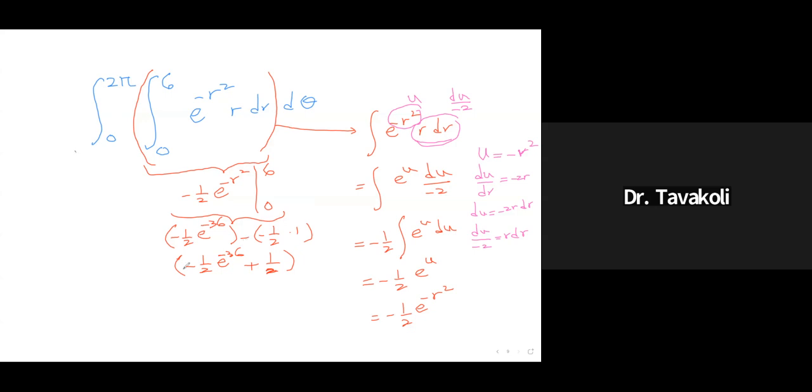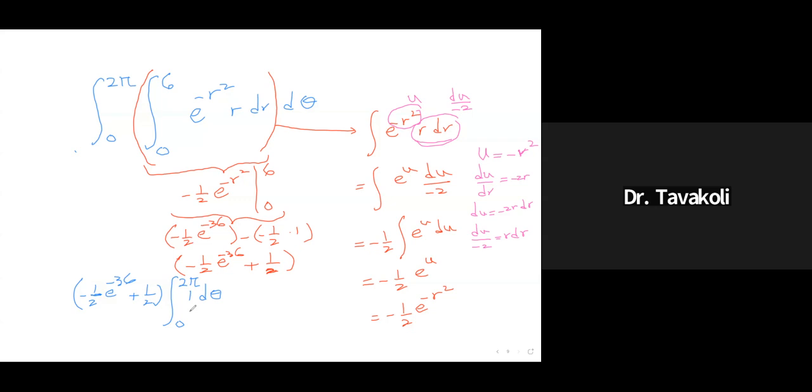For the outer integral, this value is a constant, so I can bring that out. And the outer integral is the integral from 0 to 2 pi of d theta. So what function should I find the antiderivative of? In fact, that function is 1.